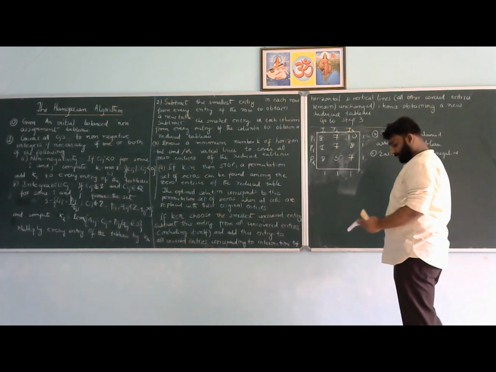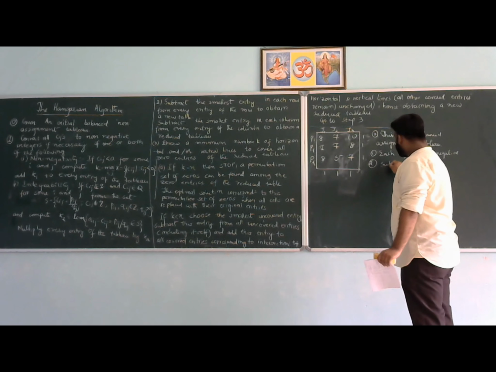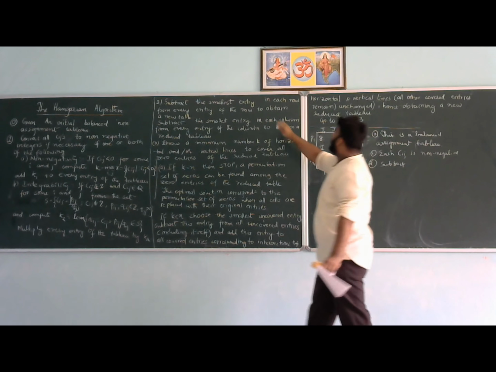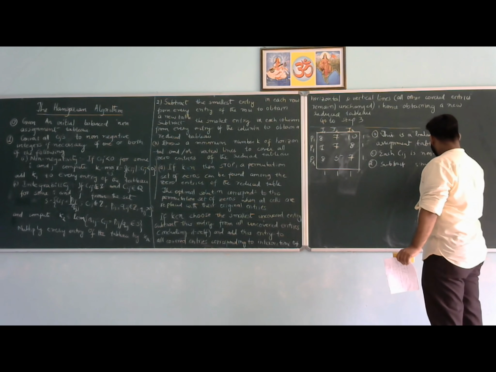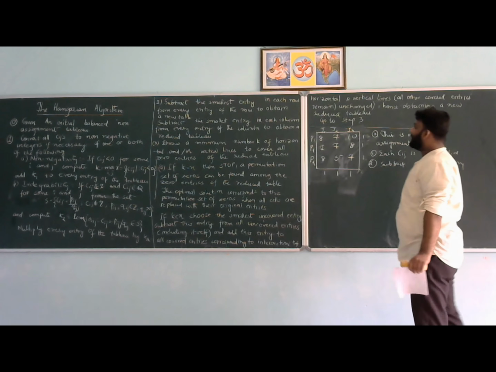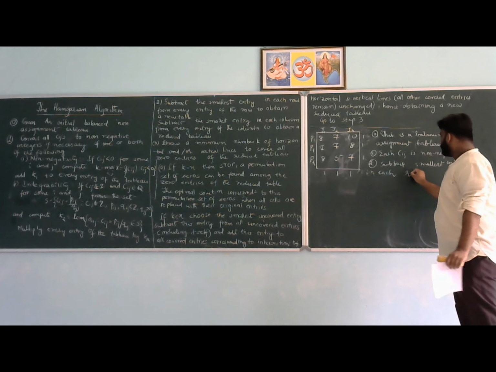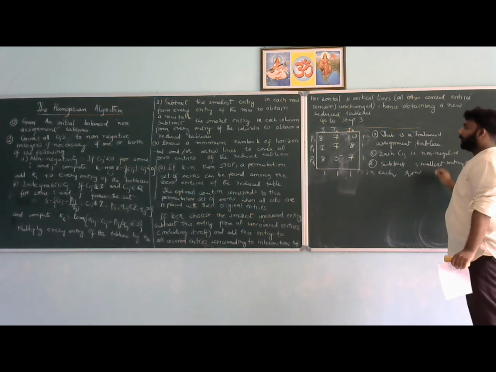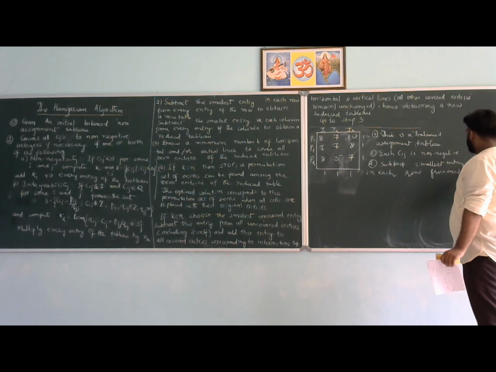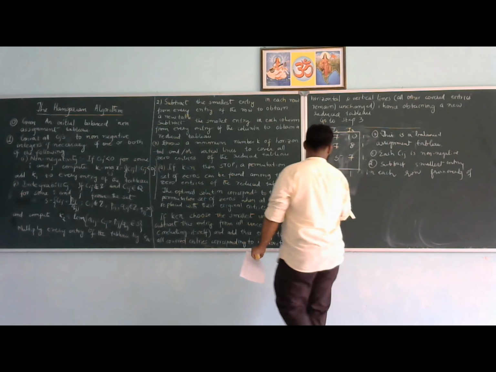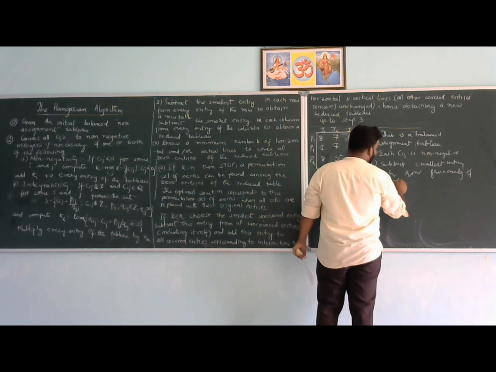What is the second step? Second step: subtract the smallest entry in each row from every entry of the row to obtain a new table.